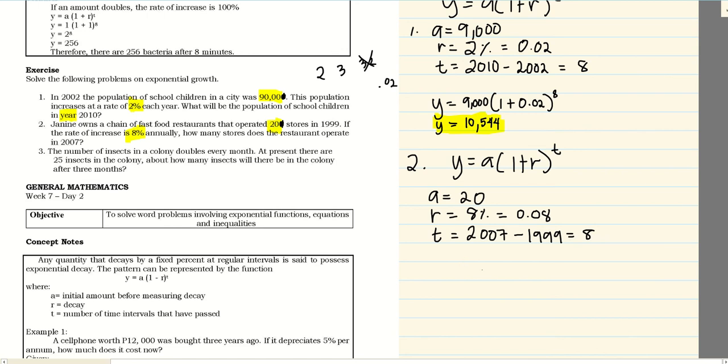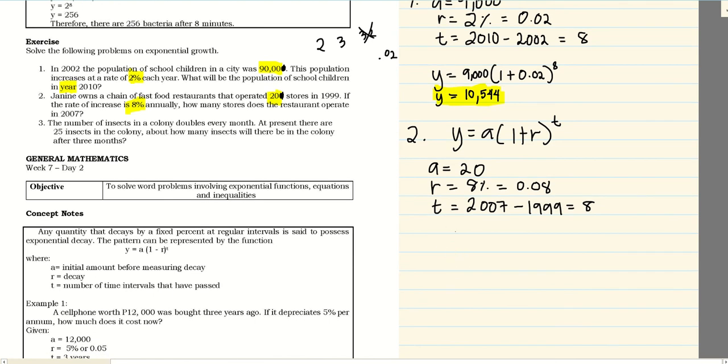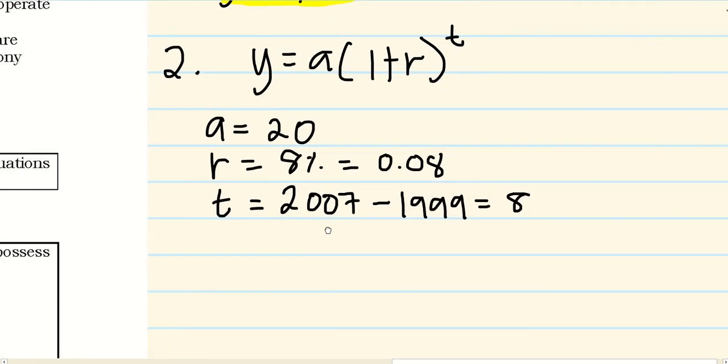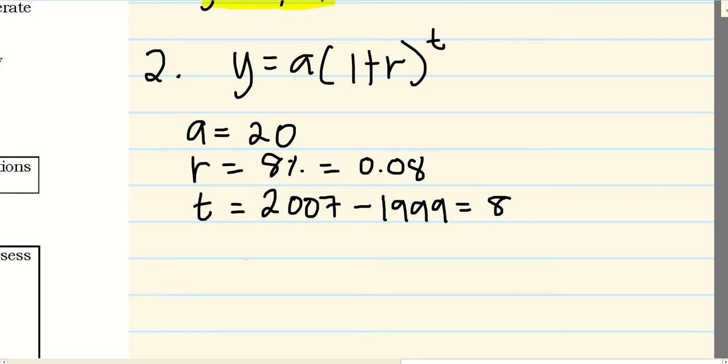Then we substitute it into our formula. Let's zoom in a little bit here. So we have y is equal to 20 as our a, times (1 + 0.08) as our rate, to the power of 8.